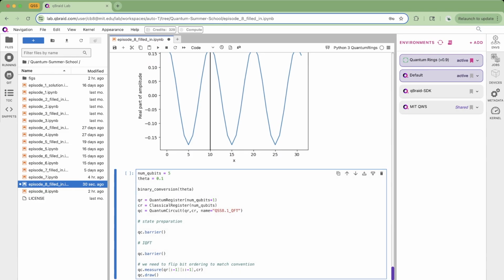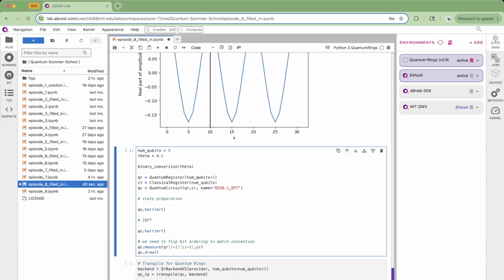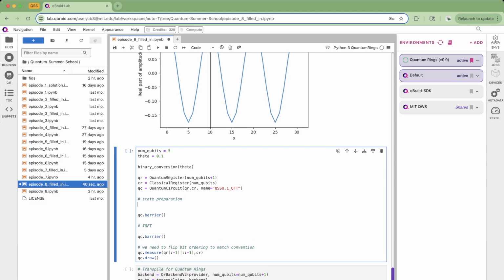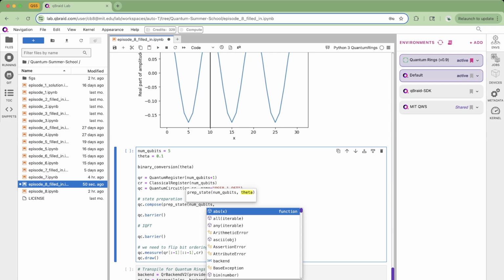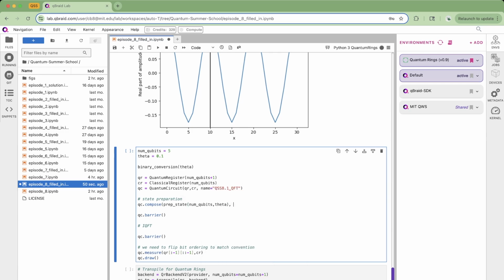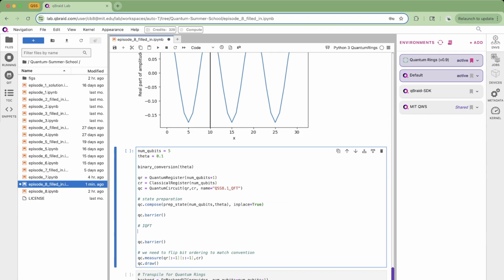So now we can do the full thing. Let's just pick theta equals 0.1 again. The first thing we want to do is our state preparation. And then we want to apply our inverse QFT.